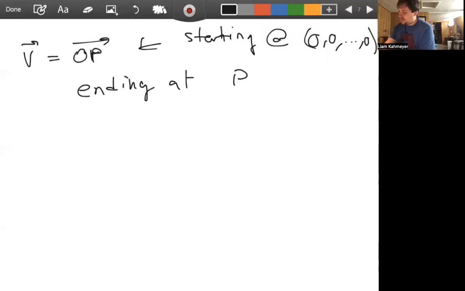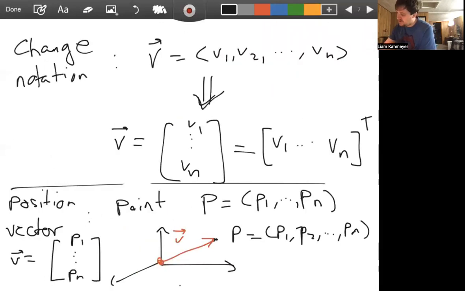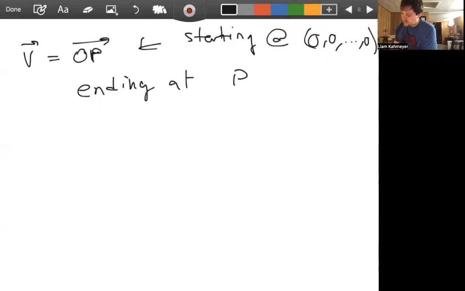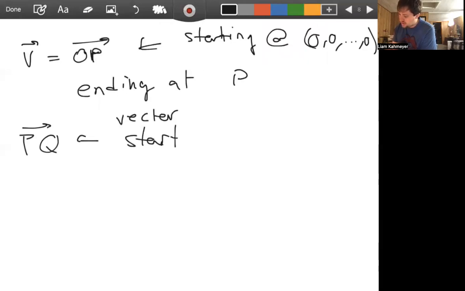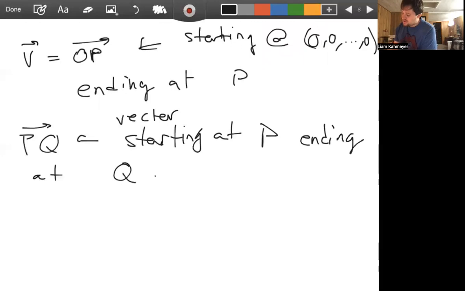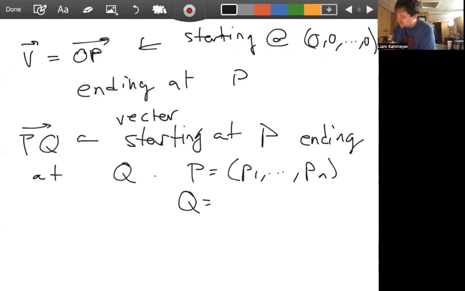In general, though, our starting point doesn't have to be 0. What if we had the vector PQ, right? This represents the vector starting at P and ending at Q. So let's say we have two points, P given by p1 through pn, and Q given by q1 through qn here.